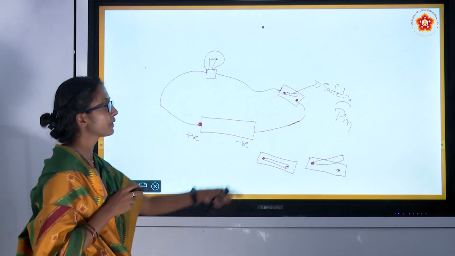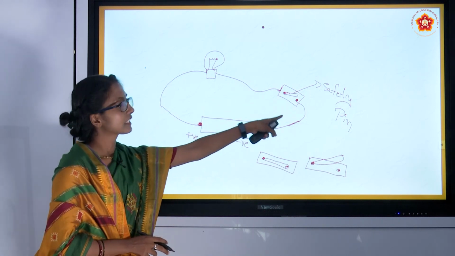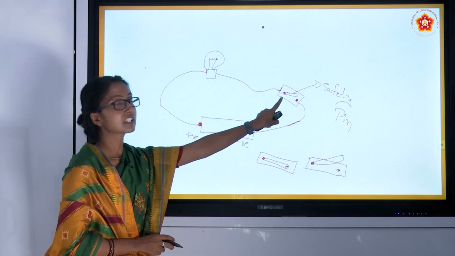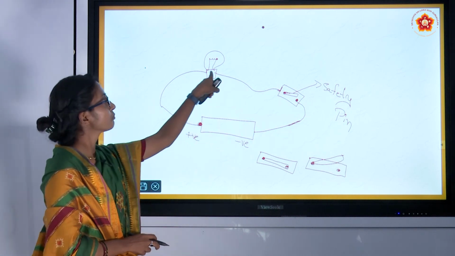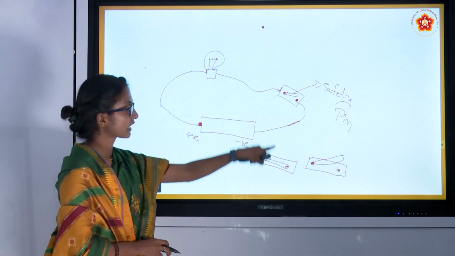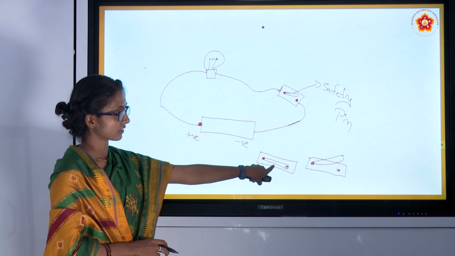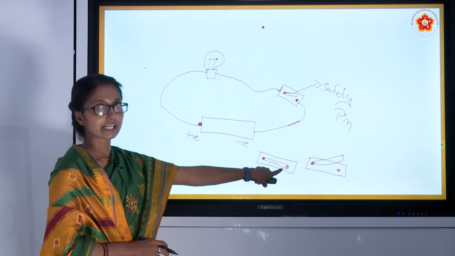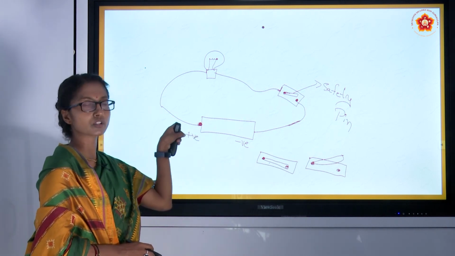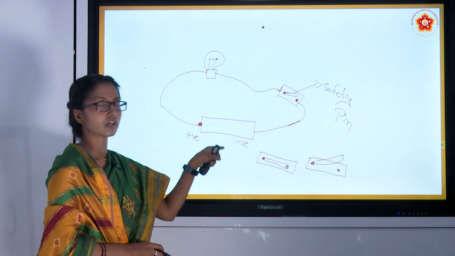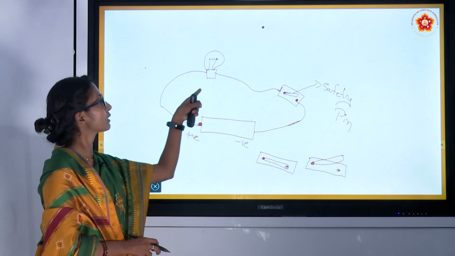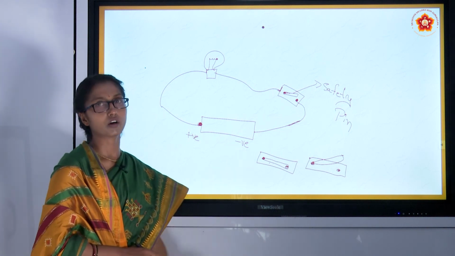The circuit will be open. It is not closed. It means the switch is off. Then the bulb will not glow up. If the circuit is closed, which means the pin is on the other nail, electricity will flow in the closed circuit and the bulb will glow up, the switch is on.